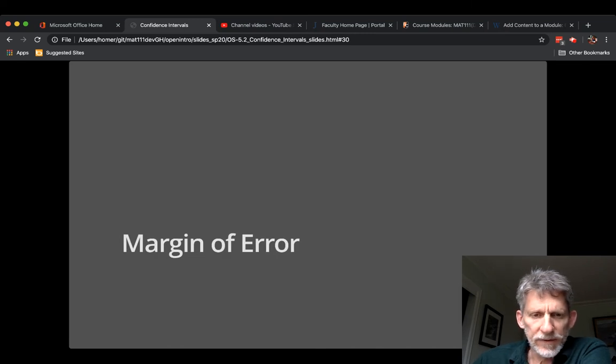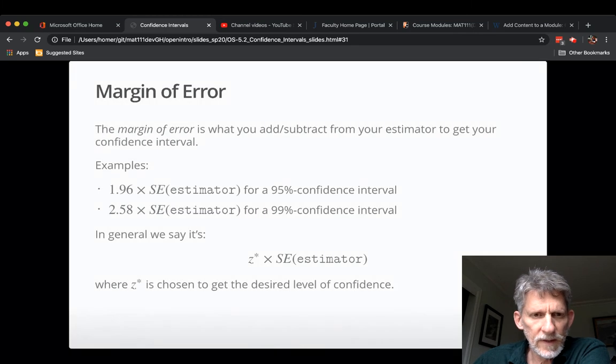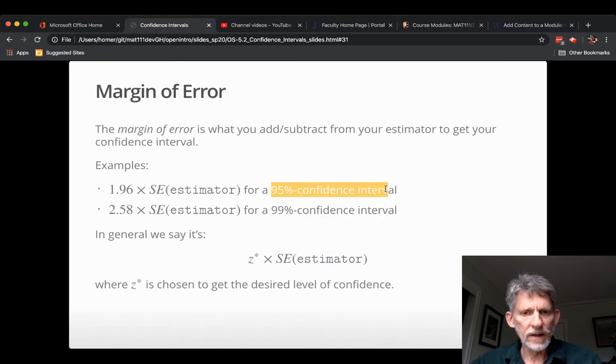I want to talk about the concept of margin of error in confidence intervals. So the margin of error is what you add or subtract from your estimator to get your confidence interval. When we were making those 95% confidence intervals, we would add and subtract 1.96 times the standard error of the estimator.